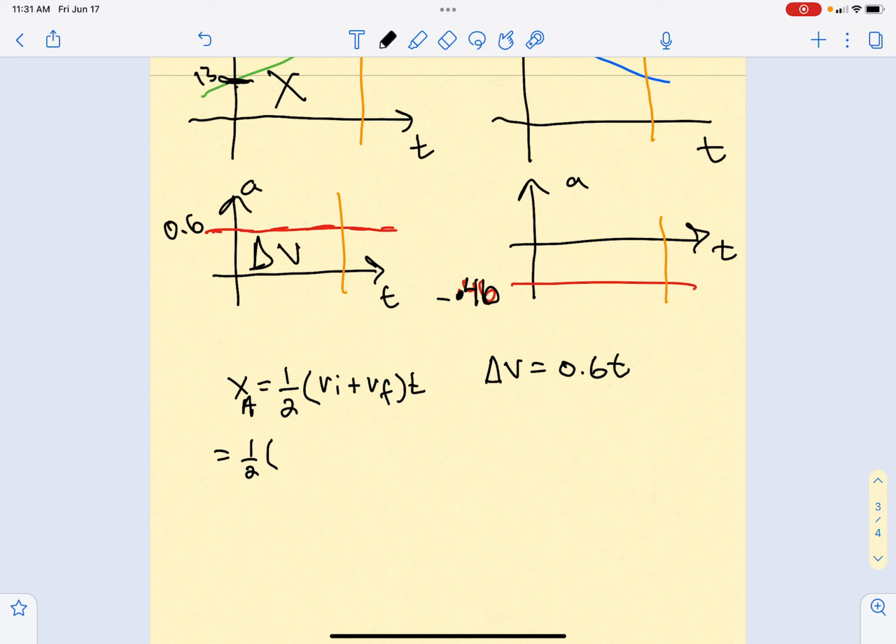So for my final velocity, I can make a relationship and say that my final velocity is equal to my initial plus my change, and my change is 0.6t.